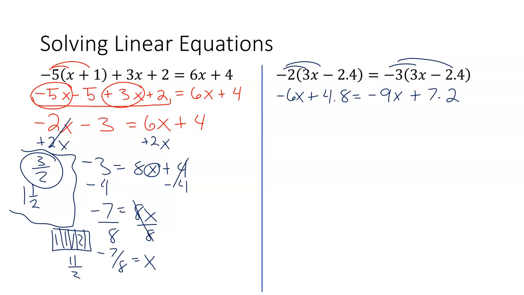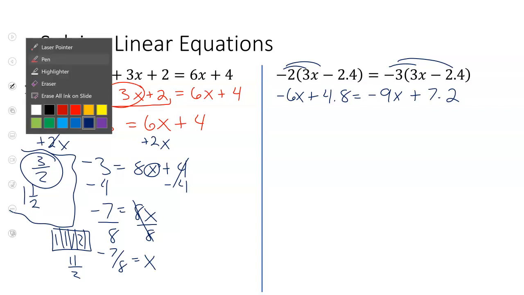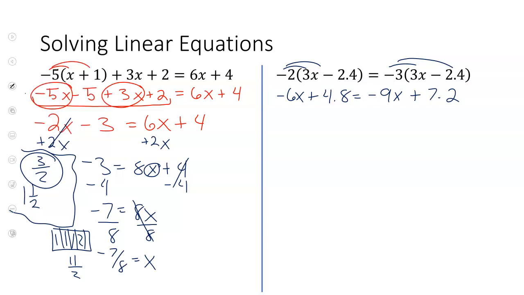We can add 9x to both sides. We can subtract 4.8 from both sides. Divide by our coefficient. Okay? And that's fine. But sometimes when we have decimals, and especially when we have fractions, it's going to be much more efficient for us to get rid of our decimals. Okay? Efficiency is key.